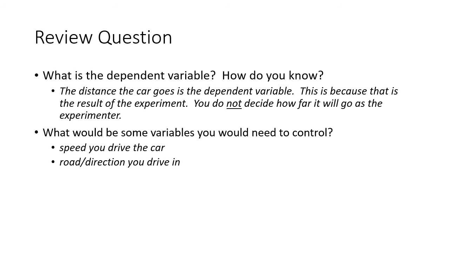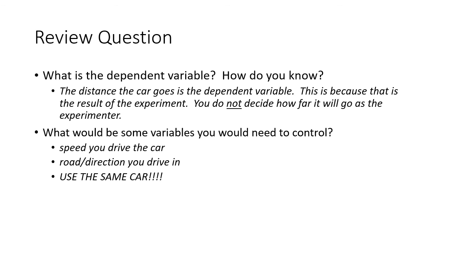You would want to make sure that you drove on the same road in the same direction. Because, for example, if you drove on one road and it was mostly going up a hill, and then you drove on a different road going mostly downhill, then the one going downhill, you're going to make it farther because it doesn't take as much gas to go downhill. And then finally, probably the biggest one, and those first two are also very important, would be to use the same car.